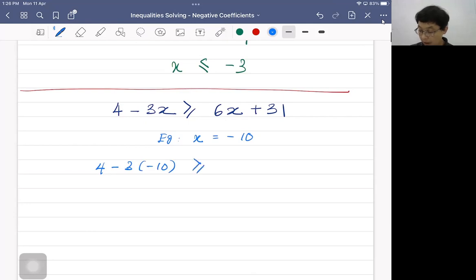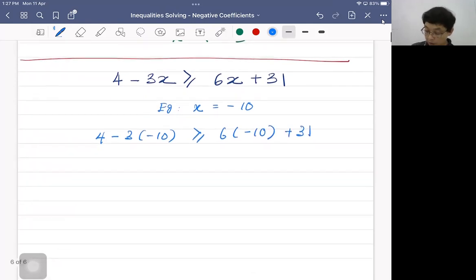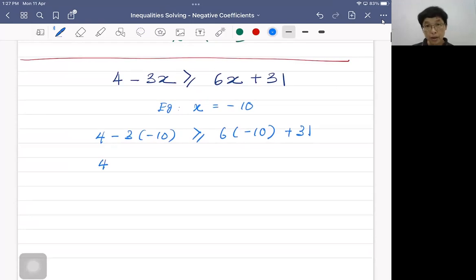Do we maintain the inequality as a true statement? So now 4 minus 3 times negative 10, we know that we get a positive. And then here 6 multiplied by negative 10, you get negative 60 plus 31.